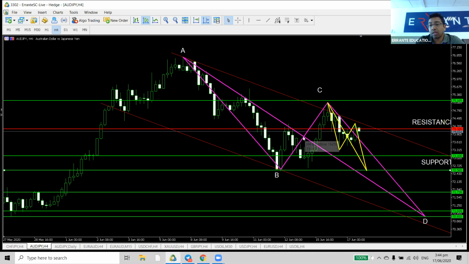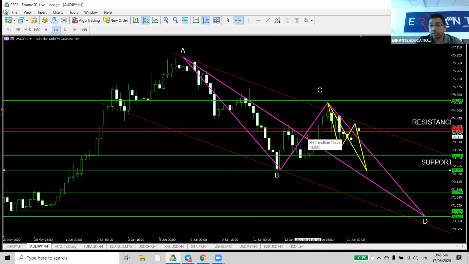But if you look at these centroid areas, they are not really that far away, it's actually almost the same. So both centroid areas pointed to a possible entry of 73.80, but we are not going to enter in the 73.80 area. Why? Because it is bang on exactly on a psychological level.